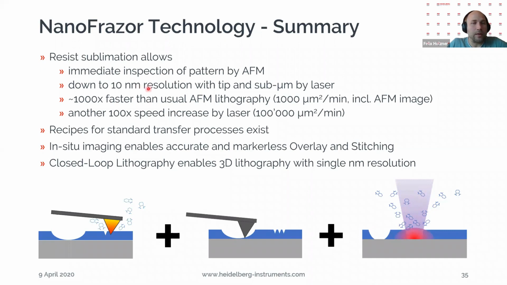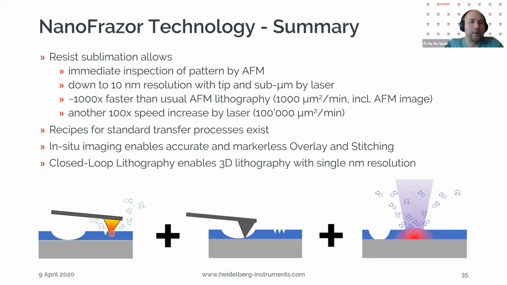You go down to 10 nanometer resolution with a tip and with a laser to sub-micron resolution. And maybe important to mention, it's not a high throughput technology, but we are around 1,000 times faster than usual AFM lithography, like anodic oxidation or dip-pen lithography, just because we are not limited by the interaction time.